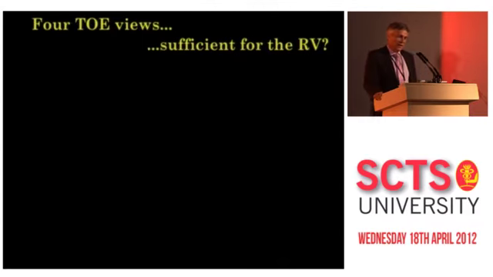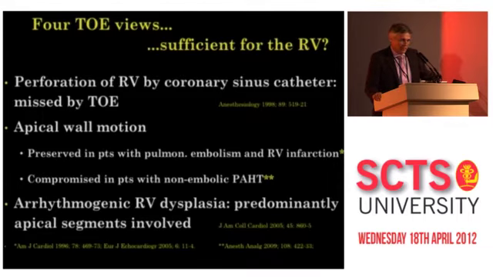So the question is, are 4 TOE views sufficient for comprehensive assessment of the right ventricle? There's some data suggesting that that's not the case. A couple of years ago in Anesthesiology, there was a case report describing perforation of the right ventricle that was not detected by TOE.